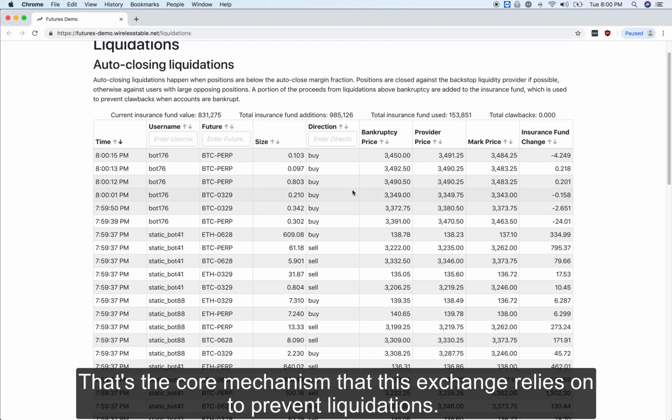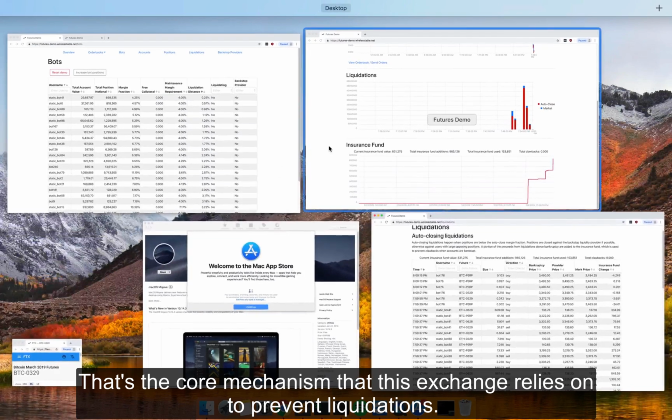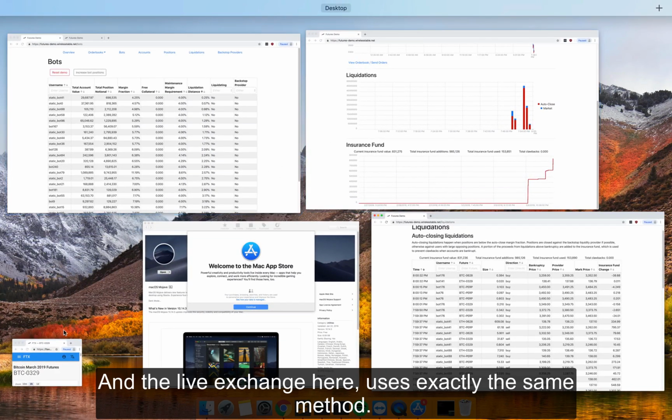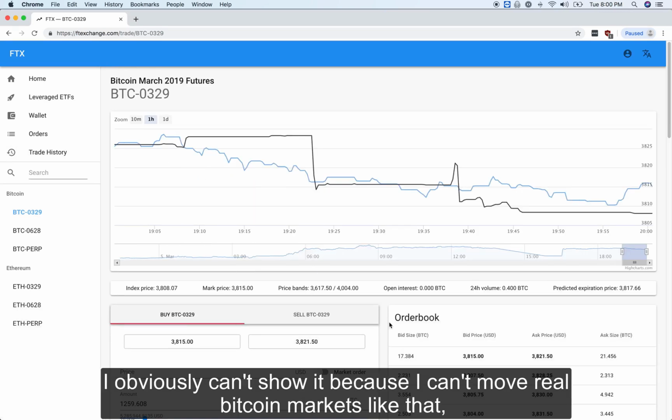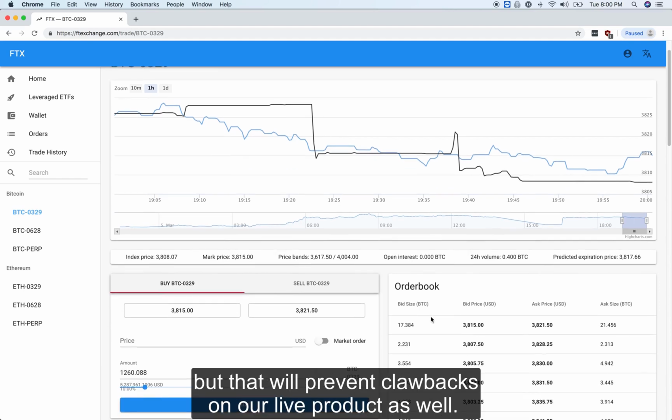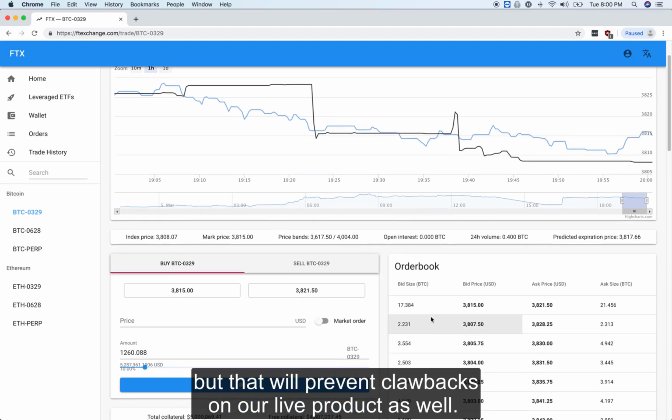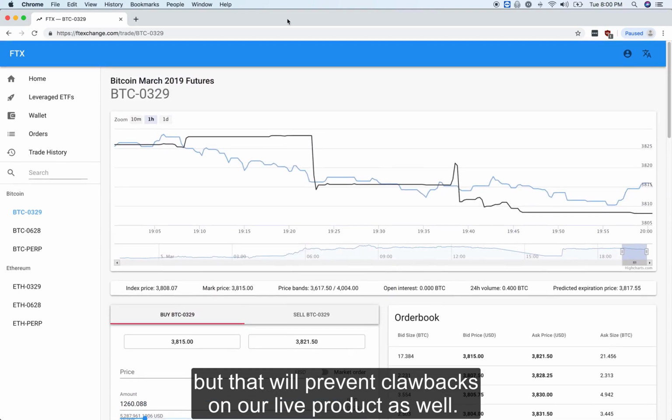That's the core mechanism that this exchange relies on to prevent liquidations. And the live exchange here uses exactly the same method. I obviously can't show it because I can't move real Bitcoin markets like that. But that will prevent clawbacks on our live product as well.